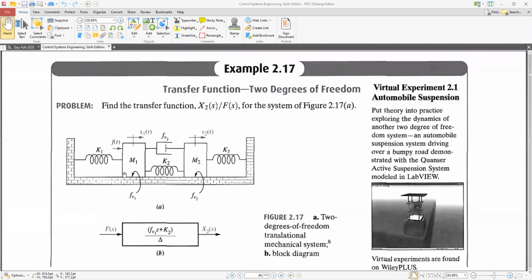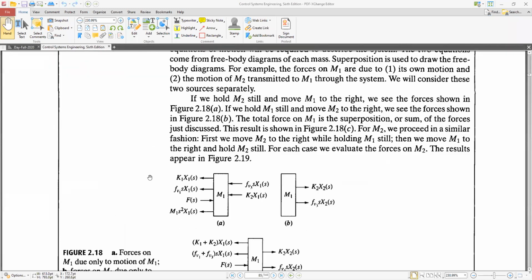Now look at figure one. This one, M1. What are the forces it feels? It feels FV1, K1, K2, FV3, and its own mass, so five forces are there.